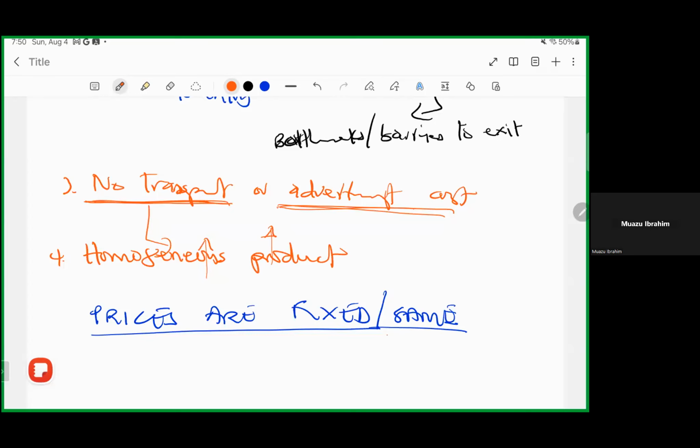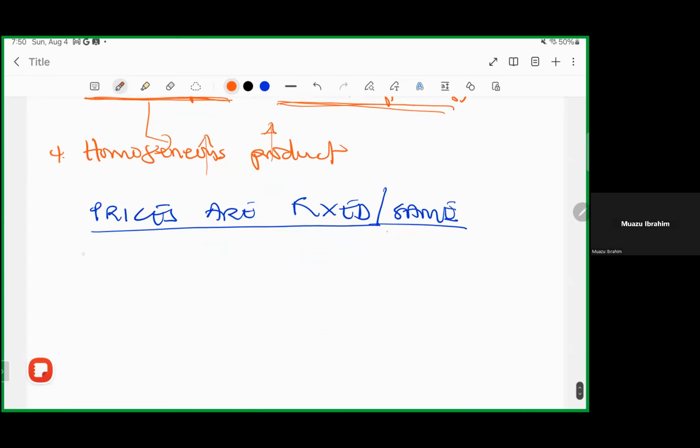And because of that, we say firms in perfect competitive market, please note, are price takers. They are price takers because the market dictates the prices to them.